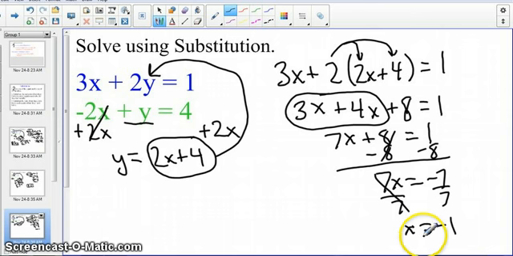Now you need to find your y variable. Plug negative 1 in for x into any of these 3 equations. Your 2 original ones or the one that you've changed. Just like the 2 problems before this, I've always plugged it into the one that I've changed, because once I multiply negative 1 times 2 then add 4, that will tell me what y is.